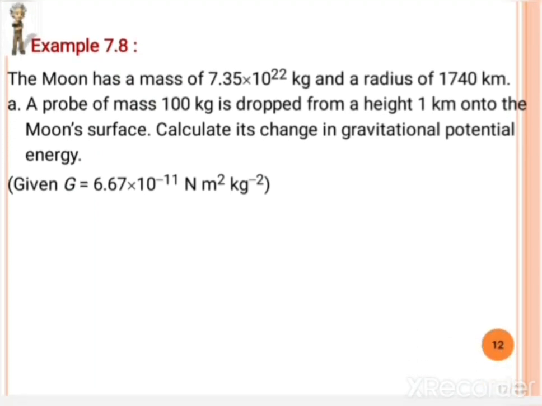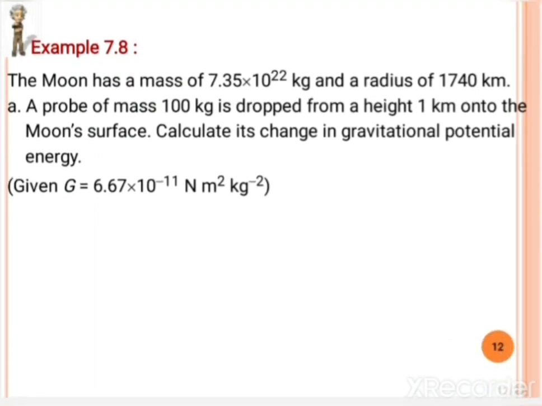We go to a question. The moon has a mass 7.35 times 10 power of 22 kilogram and radius 1,740 kilometer. A probe of mass 100 kilogram is dropped from a height of 1 kilometer onto the moon's surface. Calculate its change in gravitational potential energy.